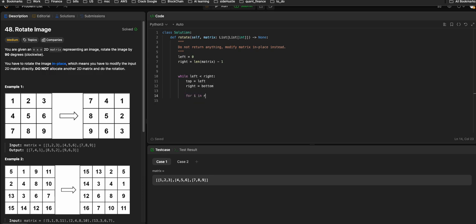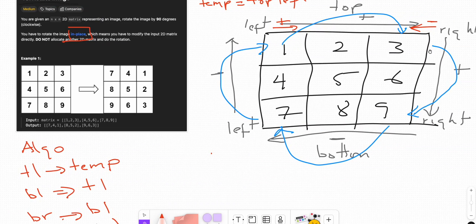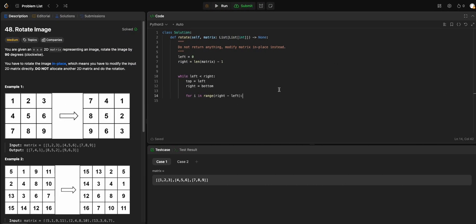And for i in range right minus left: every time you move, left goes up a bit and right comes back a bit. The interval length decreases until left and right are the same, and then we stop.